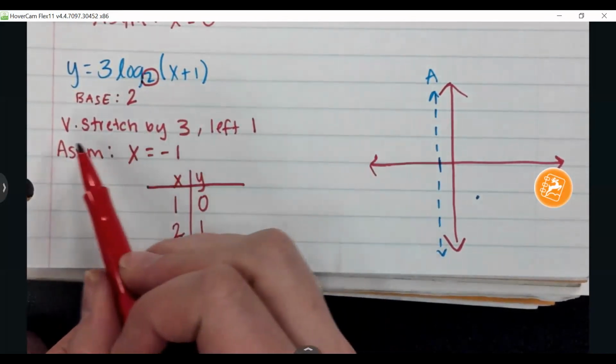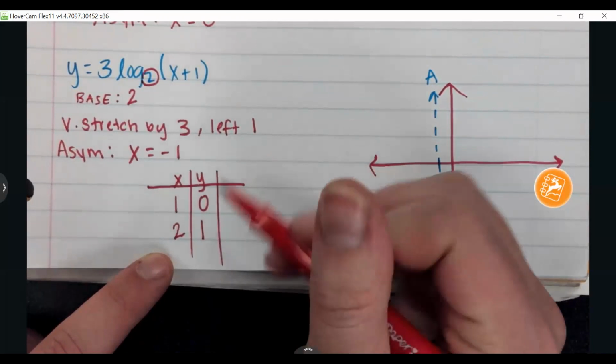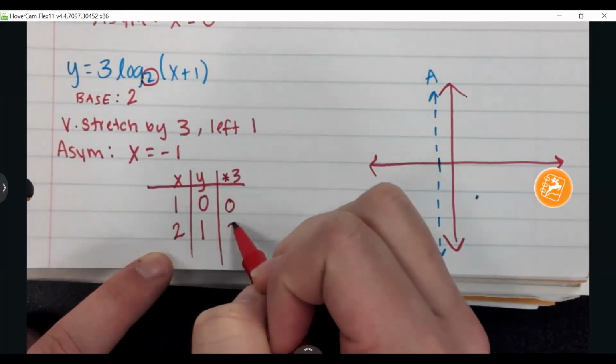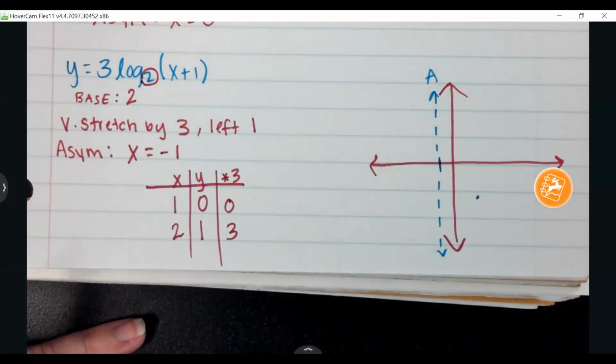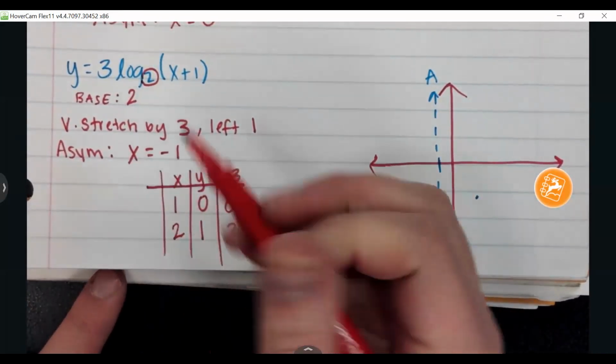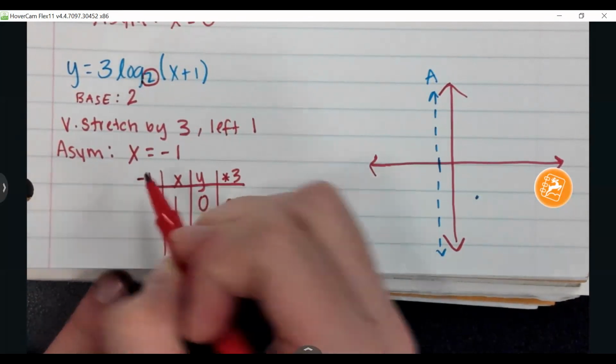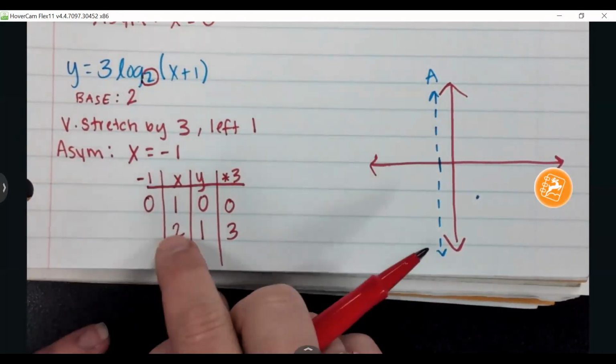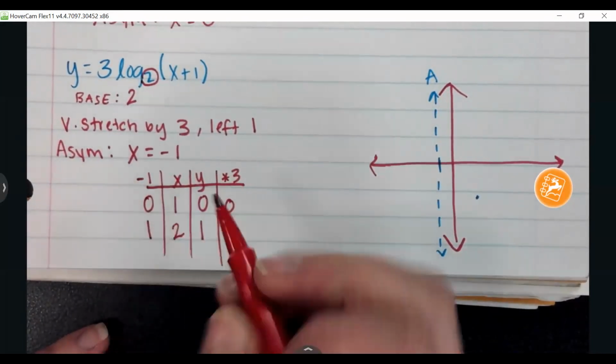Everything else we've been doing, vertical stretch by 3, so I'm going to multiply by 3. 0 times 3 and 1 times 3. Left 1 goes in the x direction, minus 1. 1 minus 1 is 0, and 2 minus 1 is 1.